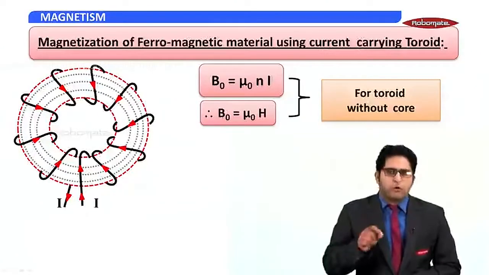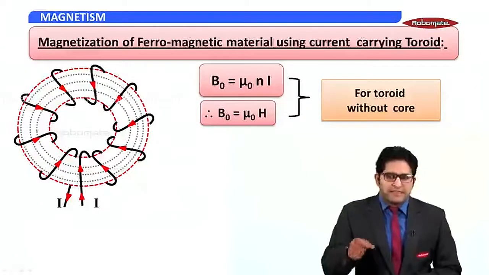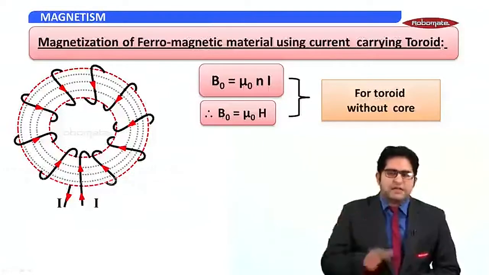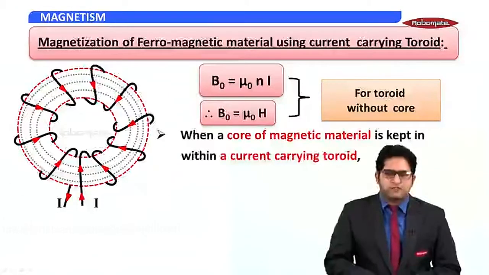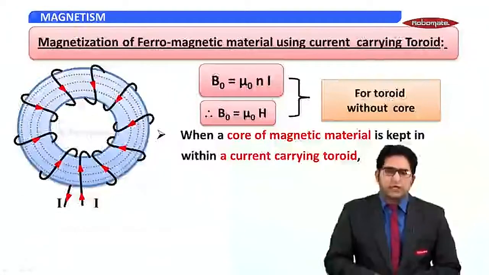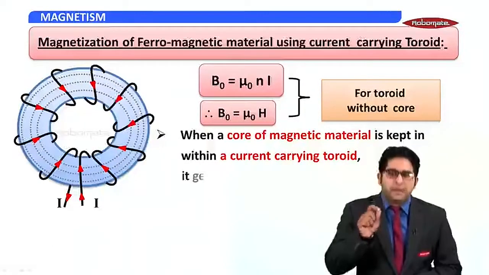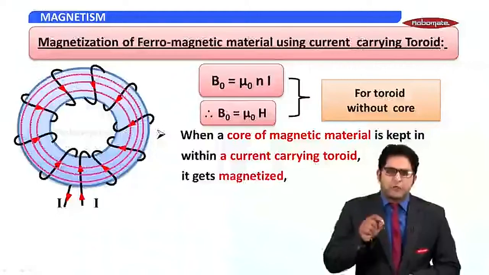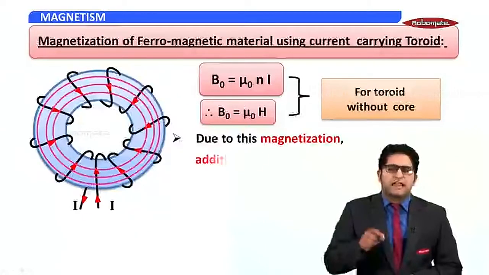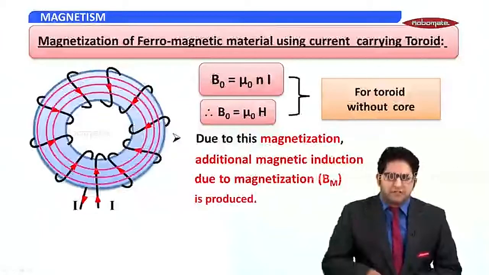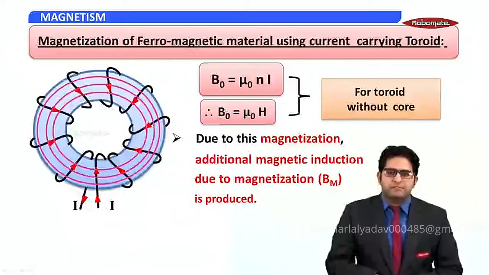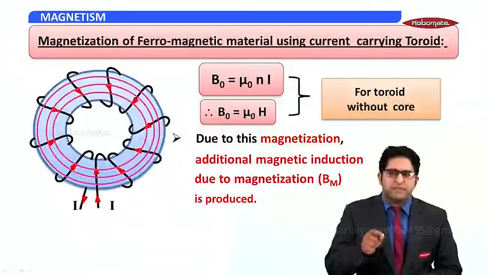Now when a core of magnetic material is inserted in this current carrying toroid, let's say this is the core, due to the magnetic field of the toroid, that core gets magnetized. And due to this magnetization, an additional magnetic induction due to magnetization, which is given by Bm, is produced in it.